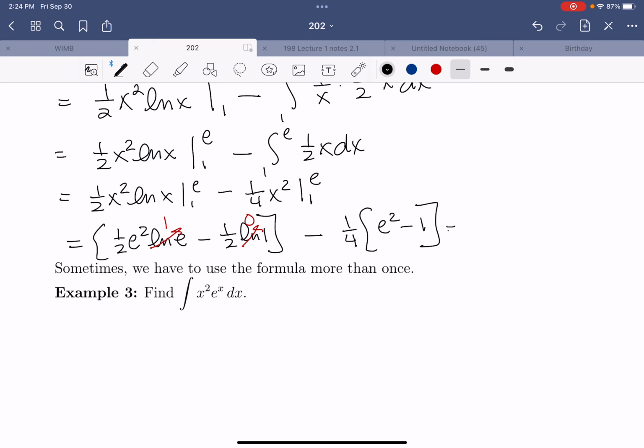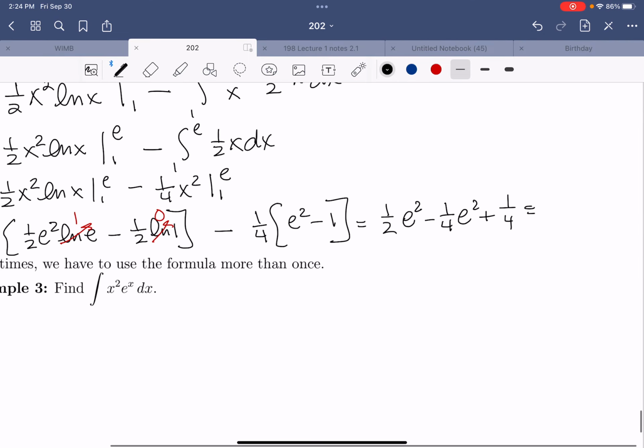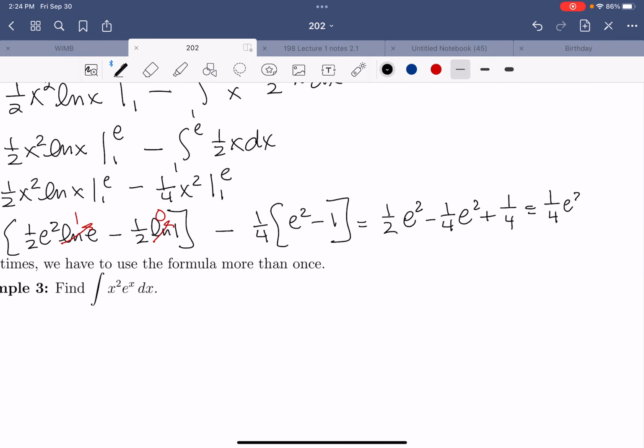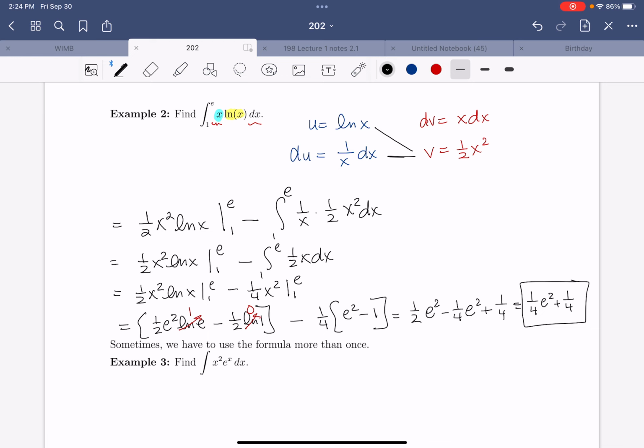So that tells me that I have 1/2 e squared, the second term is 0, minus 1/4 e squared plus 1/4. And that reduces all the way to 1/4 e squared plus 1/4. And that's my final answer for example 2. Okay, so that one's just a little bit trickier because we have to choose our ln as our u.